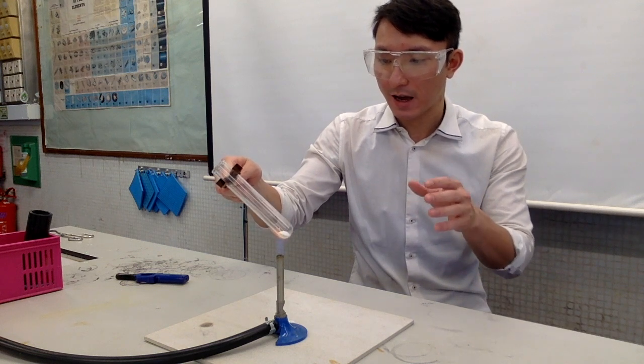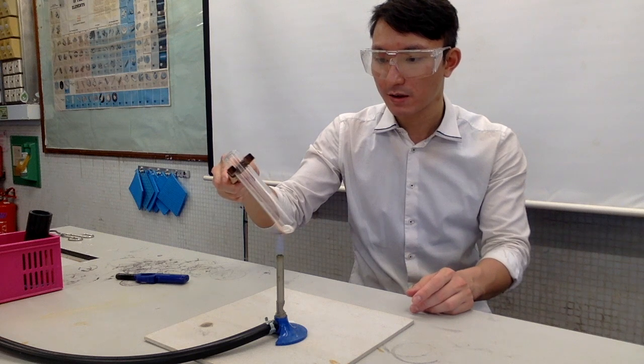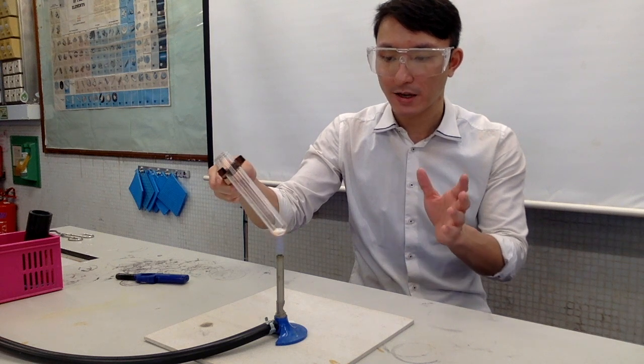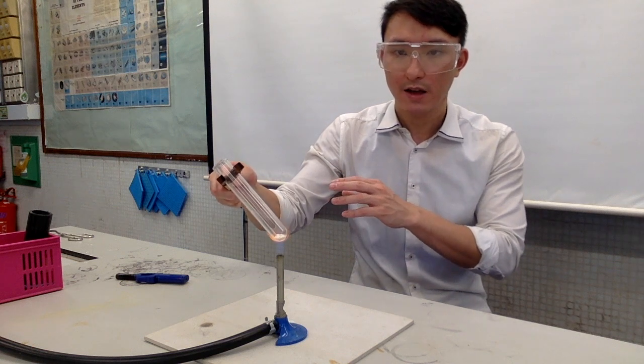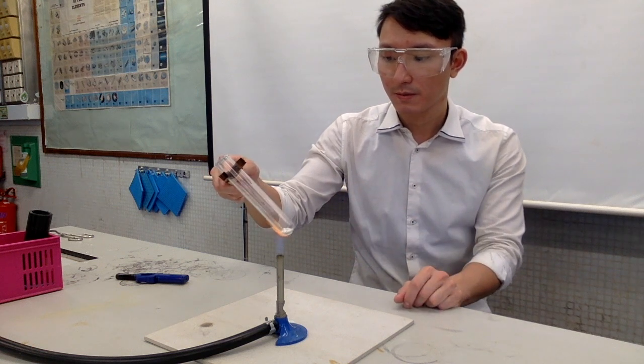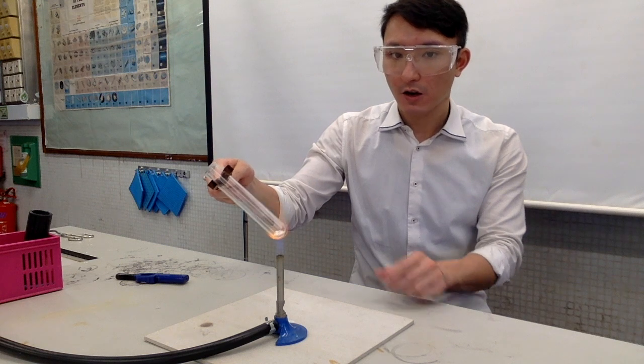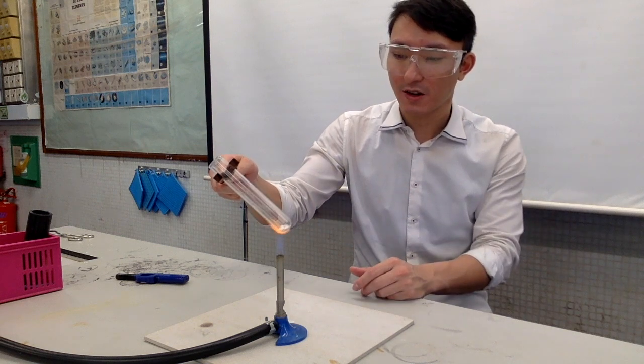And pay attention that I am doing this swirling motion because that will make it heat more evenly, and that will prevent the cracking of the boiling tube. And I also make it tilted. Actually, this is not very necessary.